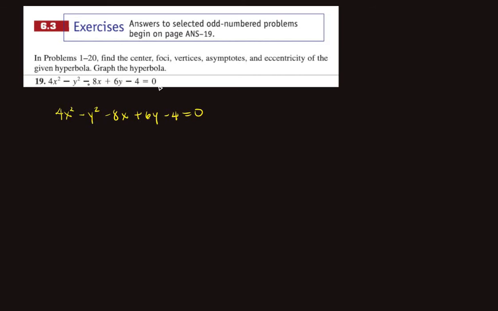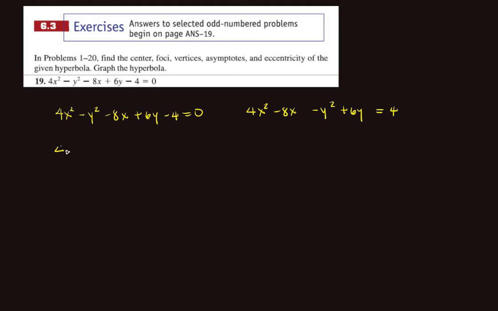The first thing I did is I wrote this equation back here, and as you remember, what we're going to do is regroup x with x and y with y. So it's going to be 4x squared minus 8x, and the y's, which is going to be minus y squared plus 6y, is equal to 4. And then we send 4 to the other side of the expression. Then here we're going to take as a common factor 4.